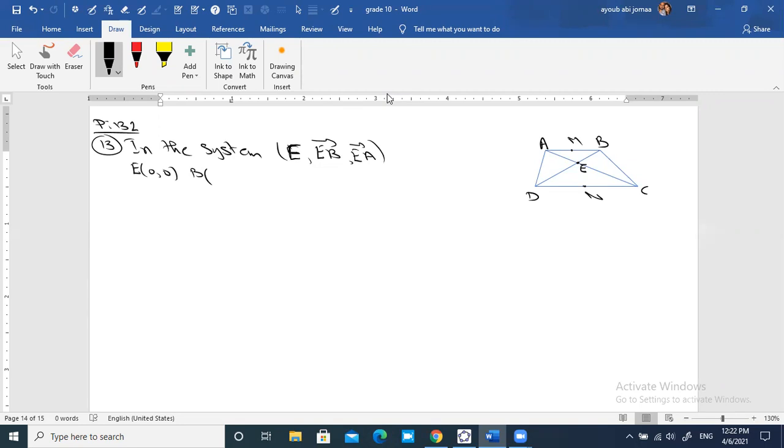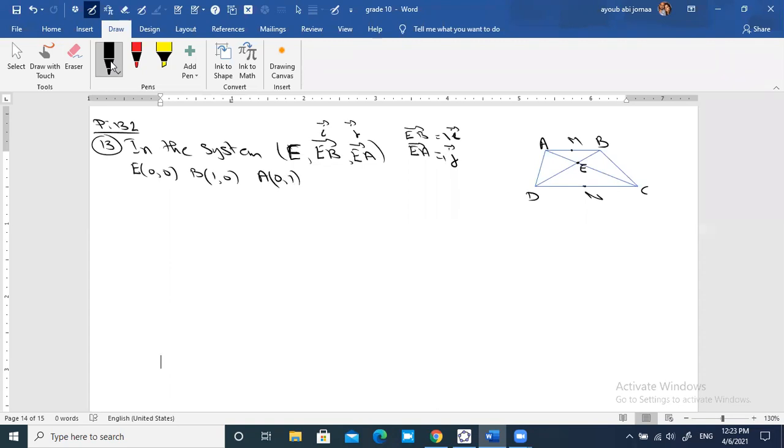EB is I, so EB is equal to 1 I. Then B has coordinates 1, 0. And what about point A? EA is equal to J, or 1 J. The coordinates of A will be 0, 1.